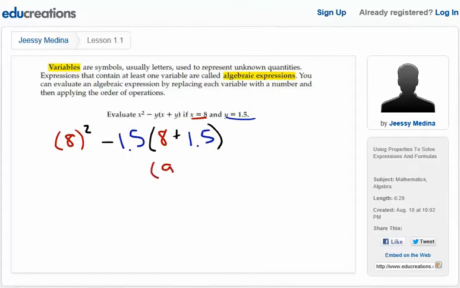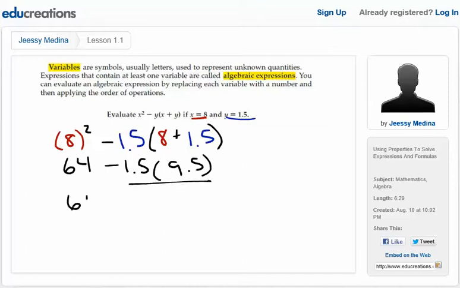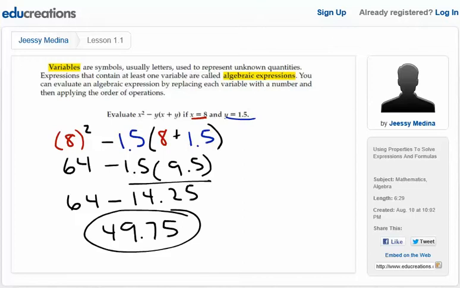We'll bring down the 1.5, this minus sign, and then the 8 squared becomes 64. Right? And then we have to do this multiplication part first, and we're going to get 64 minus 14.25. And then you subtract these two numbers, and you get 49.75. And that would be the answer.